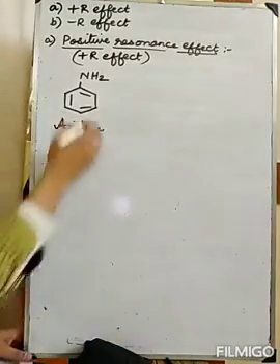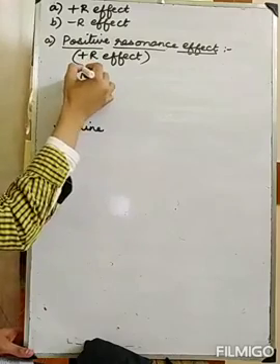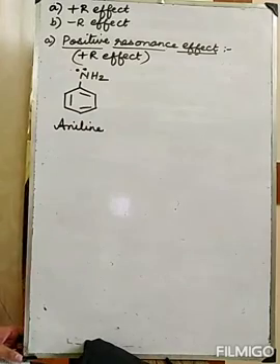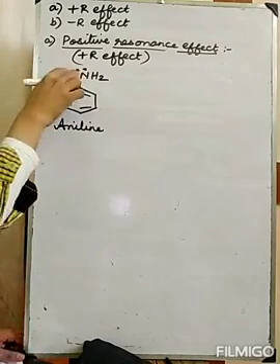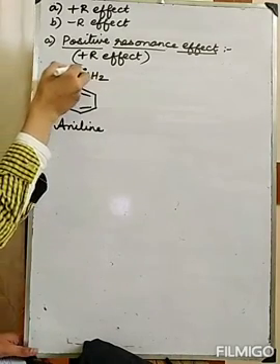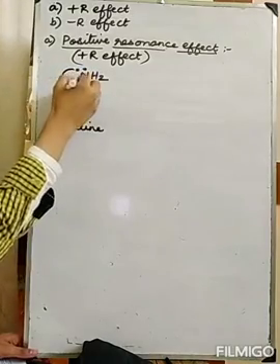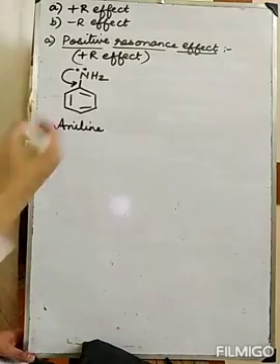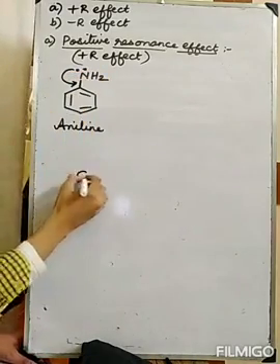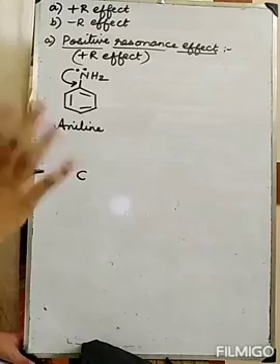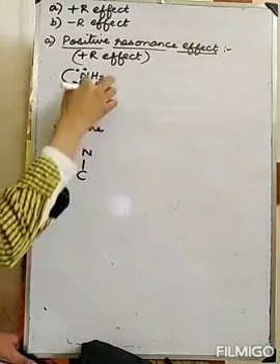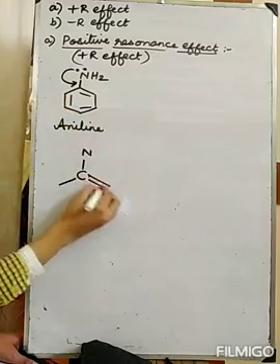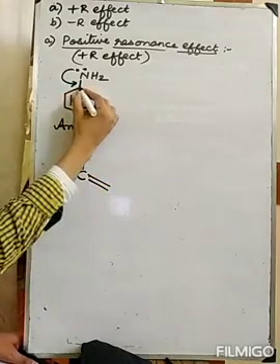Those 2 electrons I represent as 2 dots. These 2 dots will come down and form a bond here, and the single bond will become a double bond. Carbon should always form only 4 bonds. So it has already formed one bond with nitrogen, one bond on this side, and a double bond on this side, on this carbon present here.